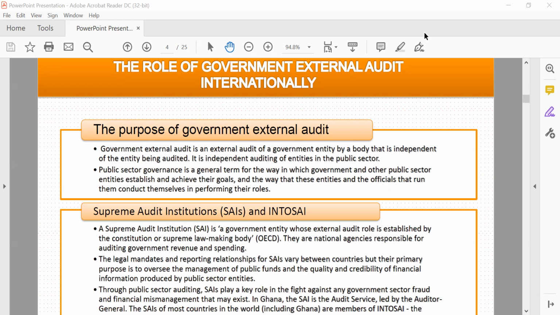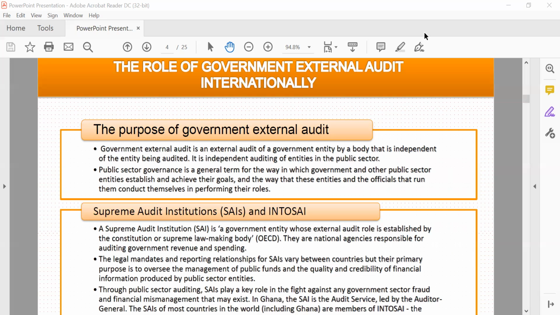It is the independent auditing of entities in the public sector. So here you are looking at entities in the public sector. Very key, very, very key.